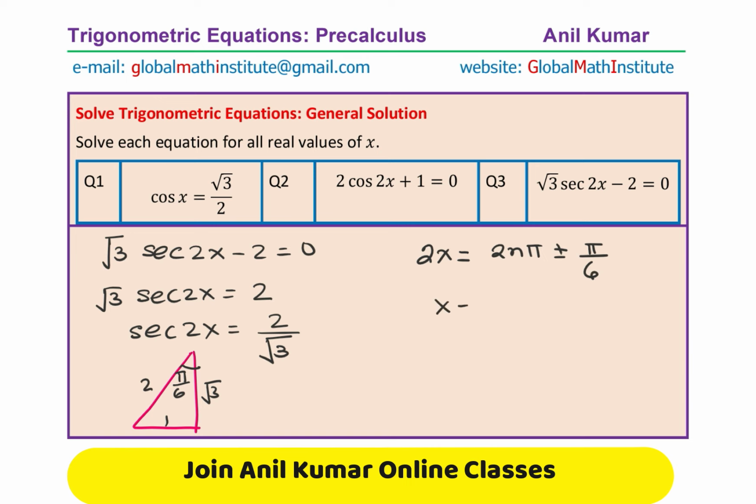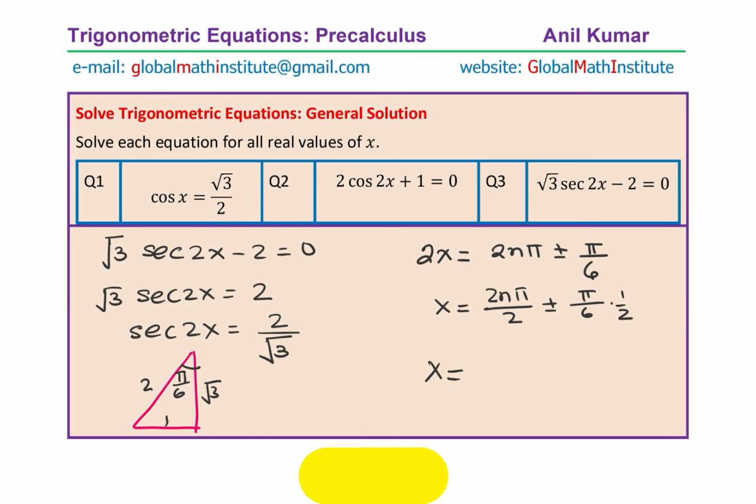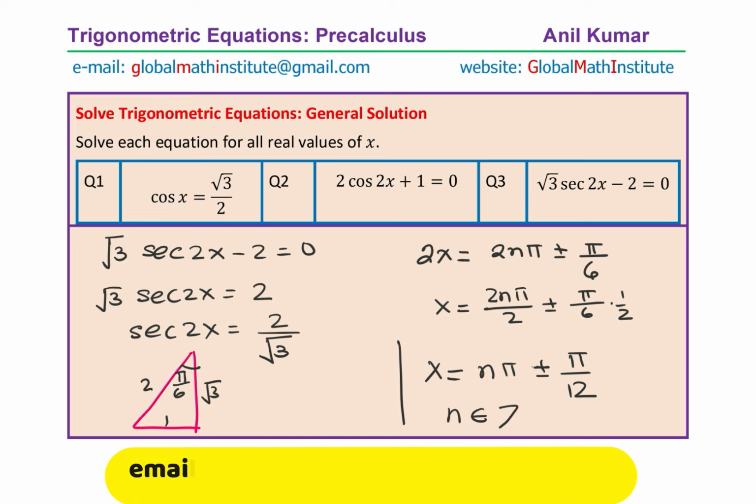Dividing by 2, we get 2n pi over 2 plus or minus pi by 6 times half, right? So general solution will be n pi plus or minus pi by 12, where n, once again, belongs to set of integers.